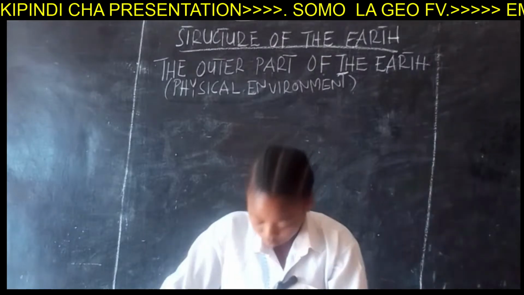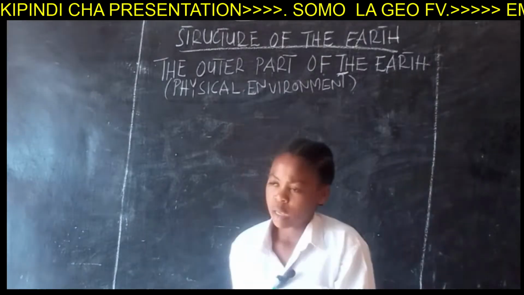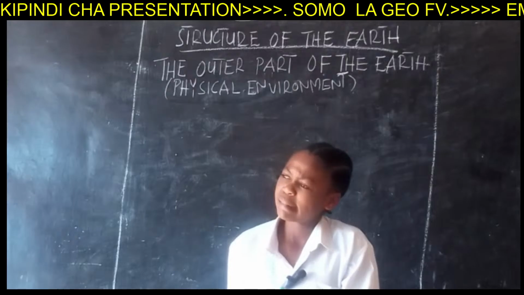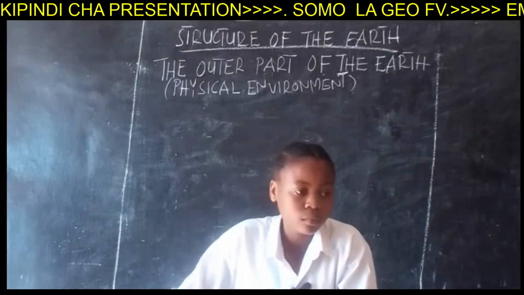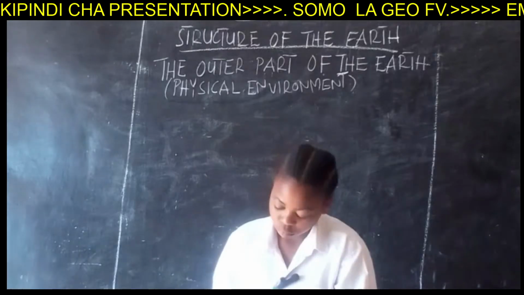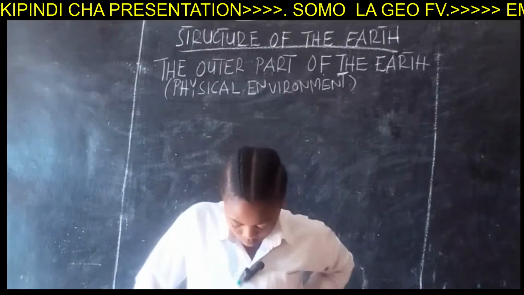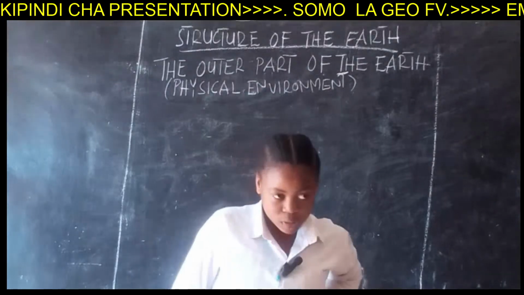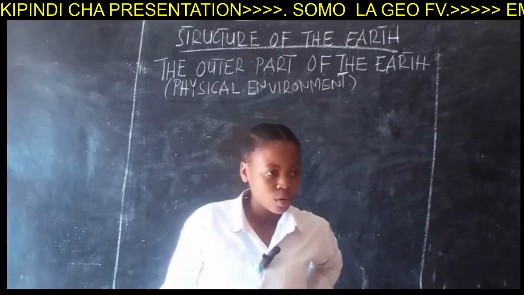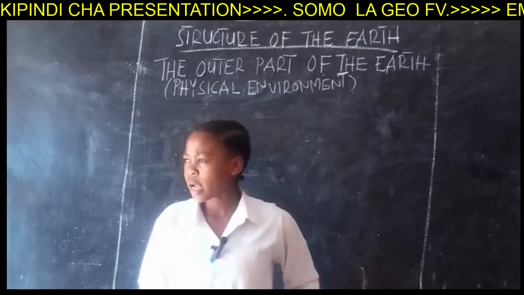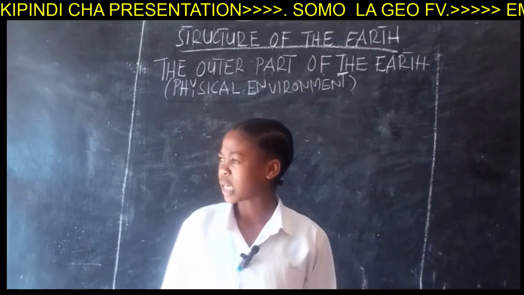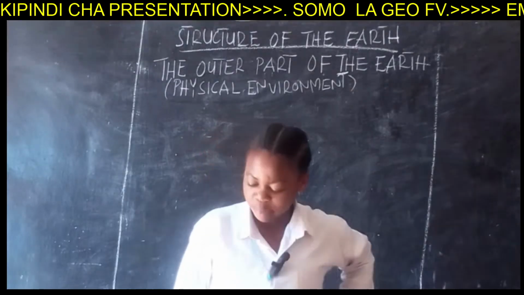Silica and aluminium compose the sial, while sima is silica and magnesium. Sial has a larger proportion of silica and aluminium.